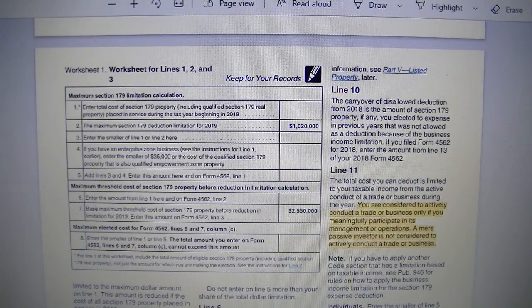The worksheet is on page 4 of the 2019 instructions to Form 4562. For 2019, the maximum is $1,020,000. So you have to keep that in mind. For 2020, the maximum is $1,040,000.